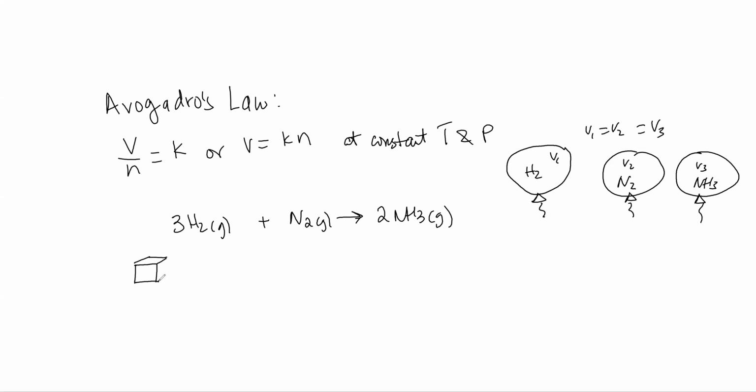What's fundamentally interesting with Avogadro's law is that each hydrogen molecule will occupy, and are you ready for it, exactly the same volume as the nitrogen molecule occupies, exact same volume.